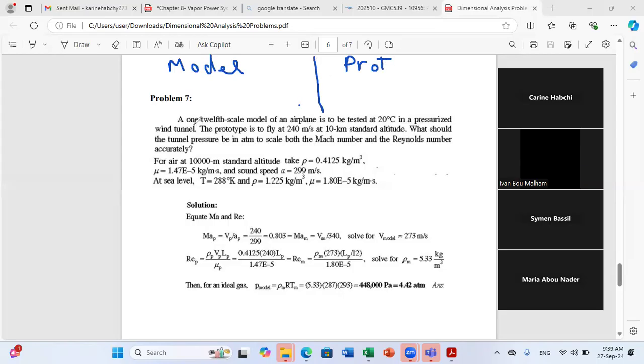This information tells us that if we divide any characteristic length of the model over the length of the prototype, L model over L prototype, it is equal to 1/12.